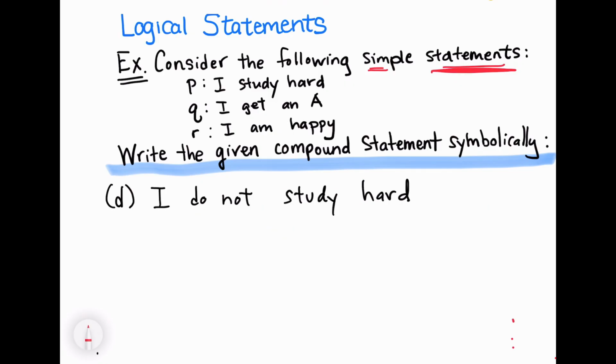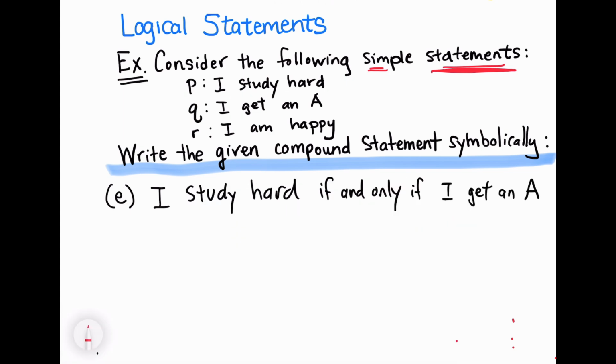For part D, the statement is "I do not study hard." This is what we call negation, and we write it with a little squiggle. So that's not P. That is called negation.